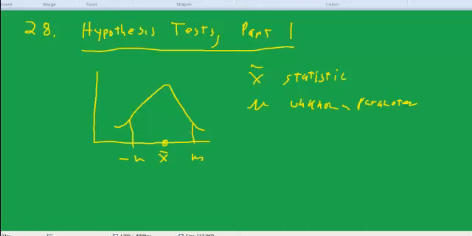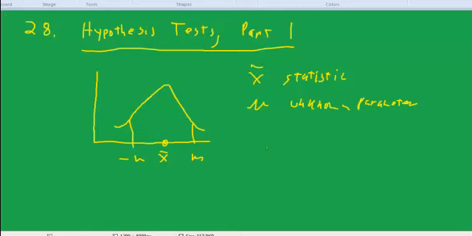We describe an interval around the sample statistic, and we say that it's very unlikely that we would have observed the sample statistic if the true mean were somewhere outside the interval. So we're talking in terms of intervals.